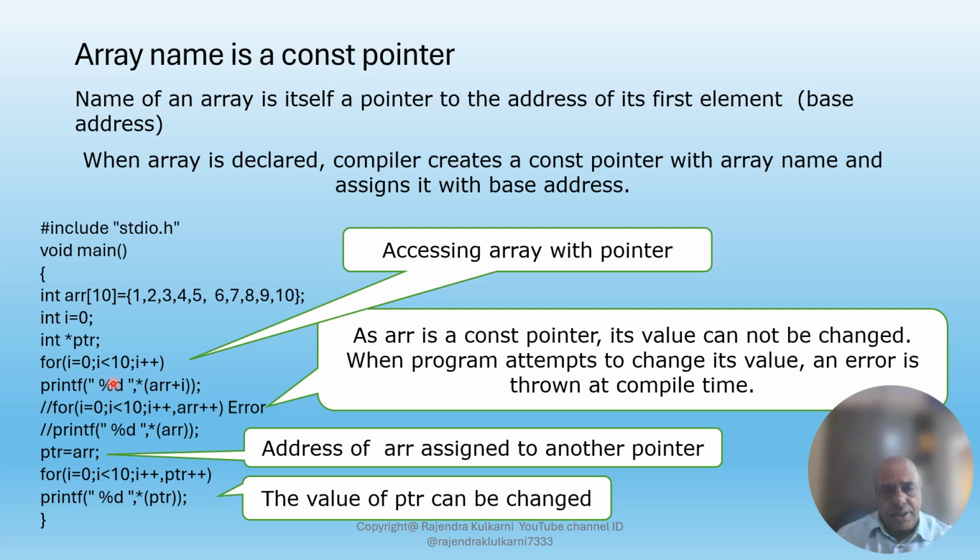And since ptr is a normal pointer, its value can be incremented, changed, and we can access the values of arr elements using star of ptr and ptr plus plus.